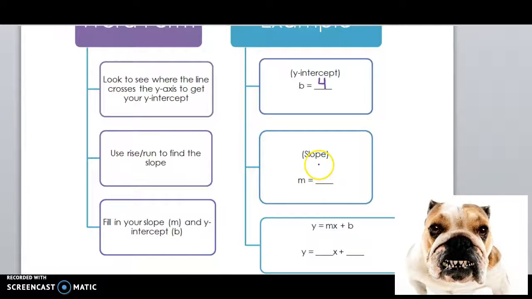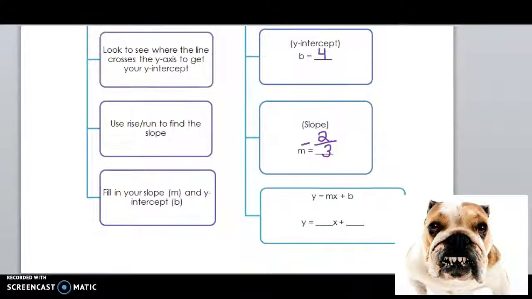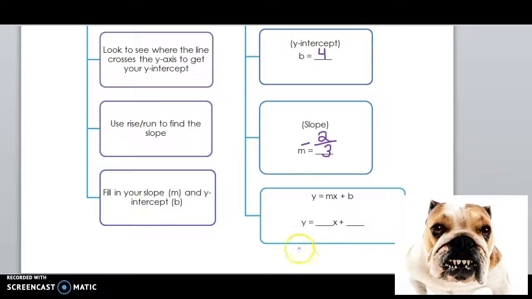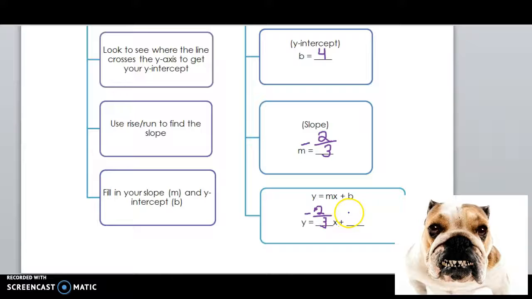Excuse me. So my slope is 2 over 3, and it's a negative slope. So the equation of this line is y equals negative 2 over 3 x plus positive 4.